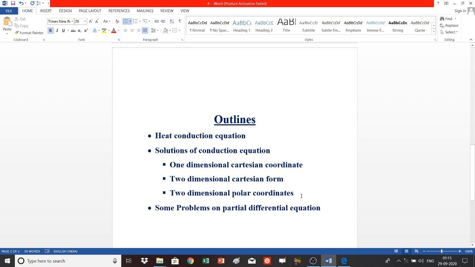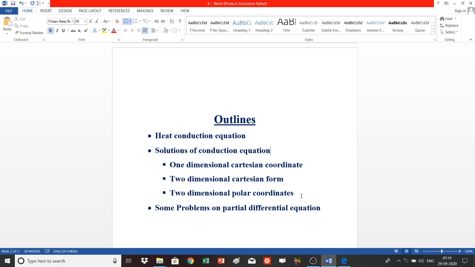are three-dimensional Cartesian coordinates, three-dimensional cylindrical coordinates and three-dimensional spherical coordinates. You can follow the same methodology or process that we used for the solution of the wave equation in three-dimensional Cartesian, cylindrical, or spherical polar coordinates.